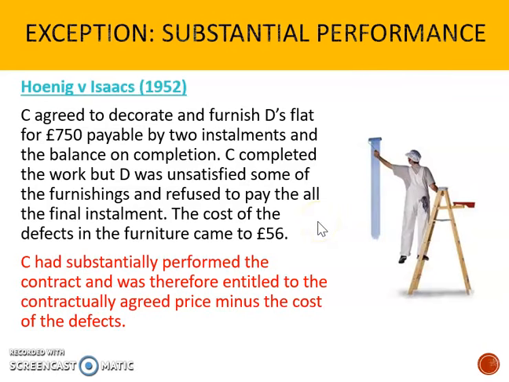But he's still done a substantial amount of the work. So the court said here that because our claimant has substantially performed the contract, he was entitled to the price, £750, minus the defects, £56. And I think that seems like a really logical rule.